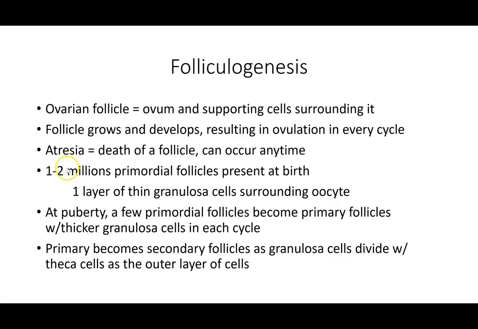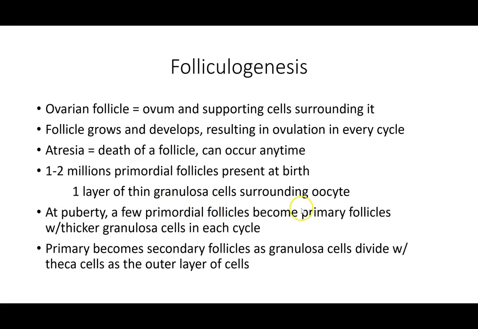There are millions of what are called primordial follicles present at birth, and they have one layer of thin granulosa cells that surround that oocyte. Then at puberty, a few of these primordial follicles will become primary follicles. This granulosa cell layer will thicken with each passing cycle.